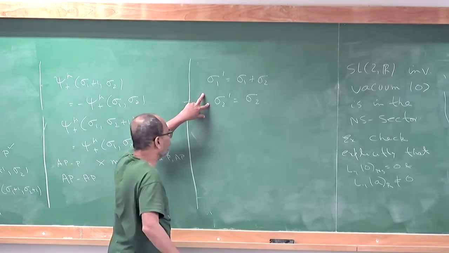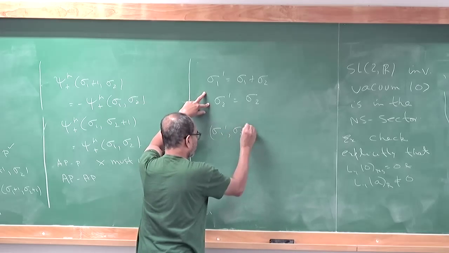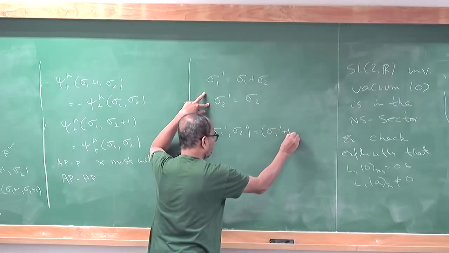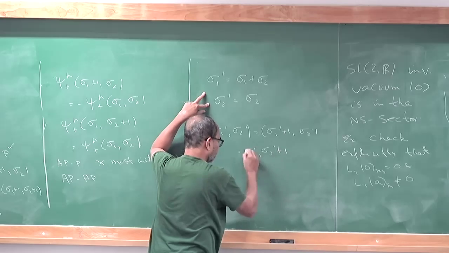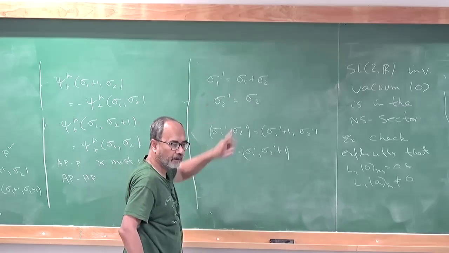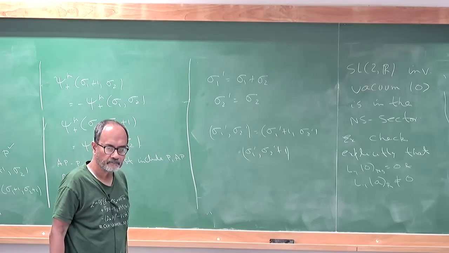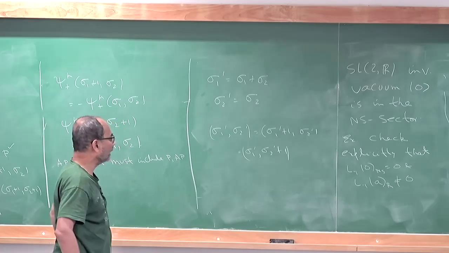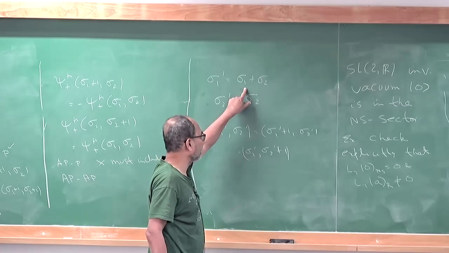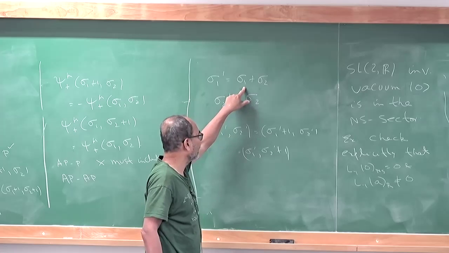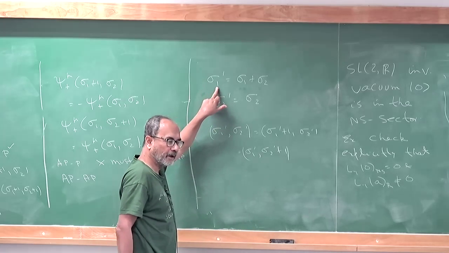This sigma 1 prime and sigma 2 prime have exactly the same identification. It just follows from the identification of sigma 1 and sigma 2. But now we have a problem, because if it's antiperiodic under sigma 1 translation by 1 and under sigma 2 translation by 1, then it becomes periodic under sigma 1 prime translation.